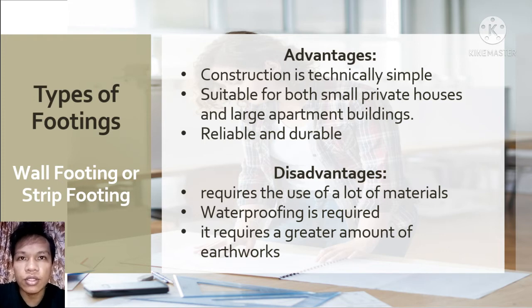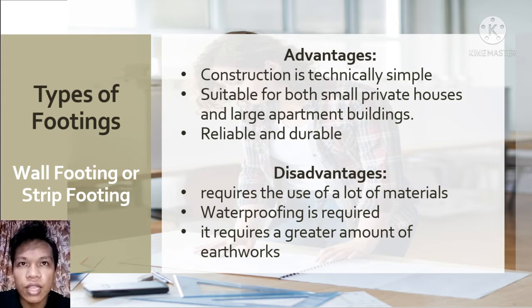Its construction is technically simple, inexpensive, and normally does not require the use of heavy machinery. It is suitable for the construction of both small private houses and large apartment buildings. The construction can be carried out in any weather conditions. It is reliable and durable.